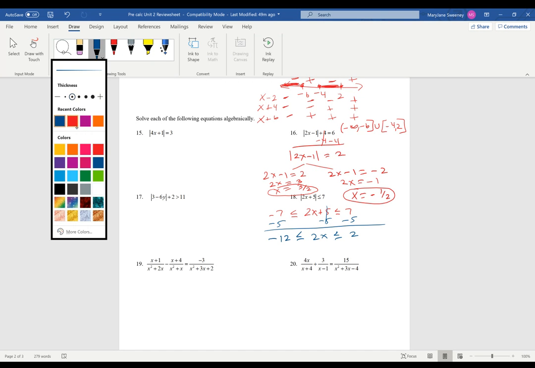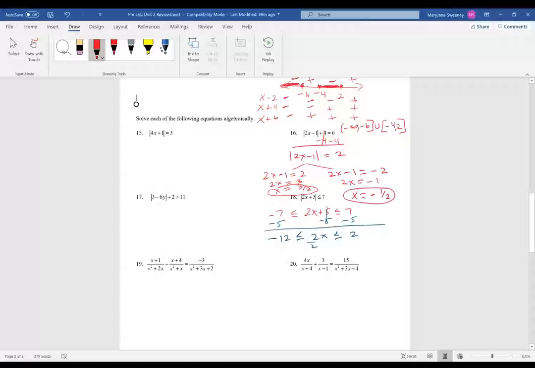Then you're going to divide by 2. All right, so it'd be negative 6 less than or equal to x less than or equal to 1, which means my answer is from negative 6 to 1.